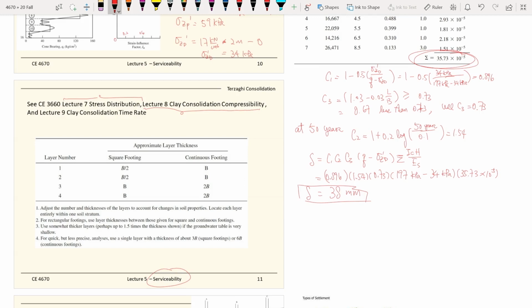Stress distribution tells you what happens once you change the stress. In this case, we apply a loading from the foundations onto the soil, and the loading that we put on the ground decreases with depth.